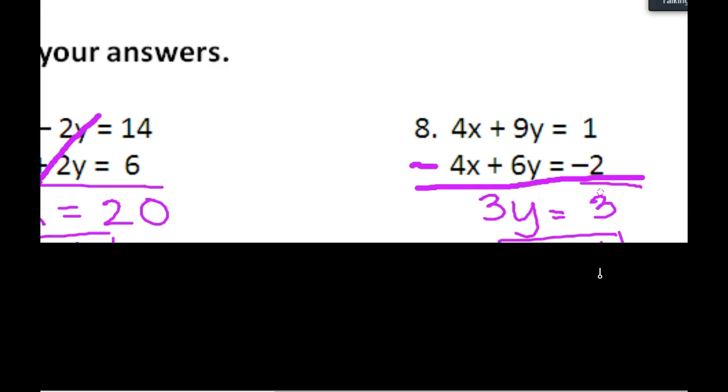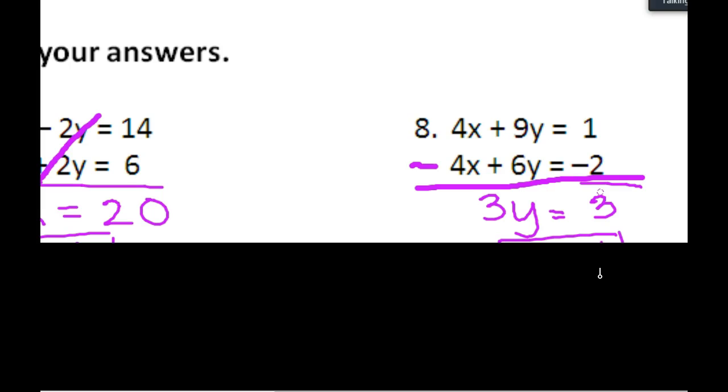So I get 3y equals 3. Everybody see why it becomes 3y and a positive 3?